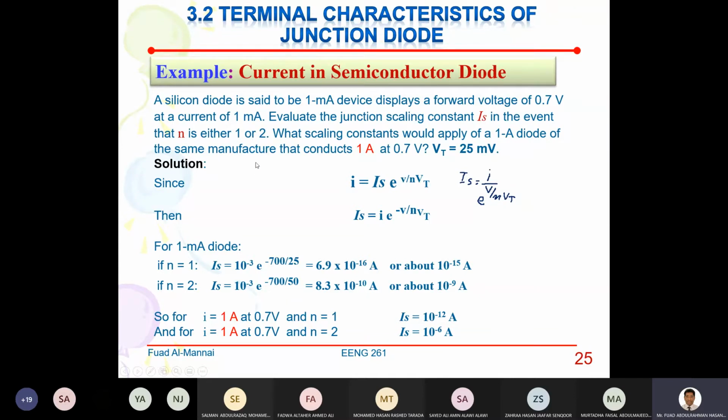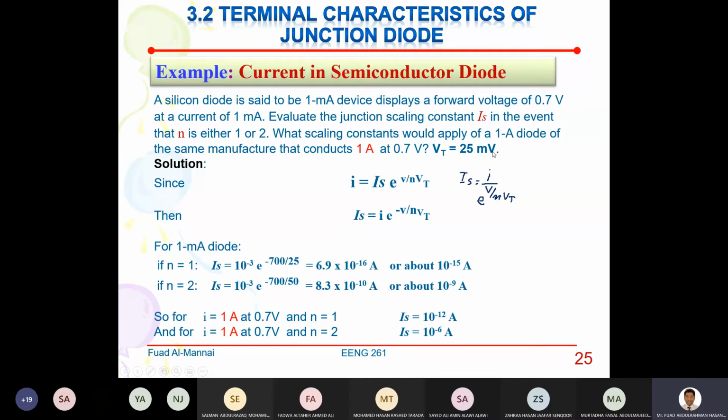And he asks, what scaling constant would apply to a 1 amp diode of the same manufacturer that conducts a current of 1 amp at VD equal to 0.7 volt. And he said, use VT equal to 25 millivolt.